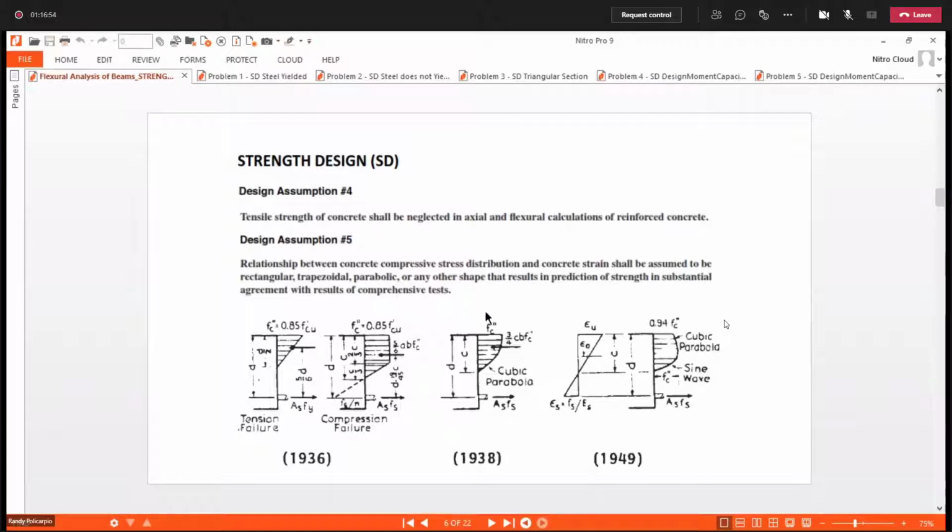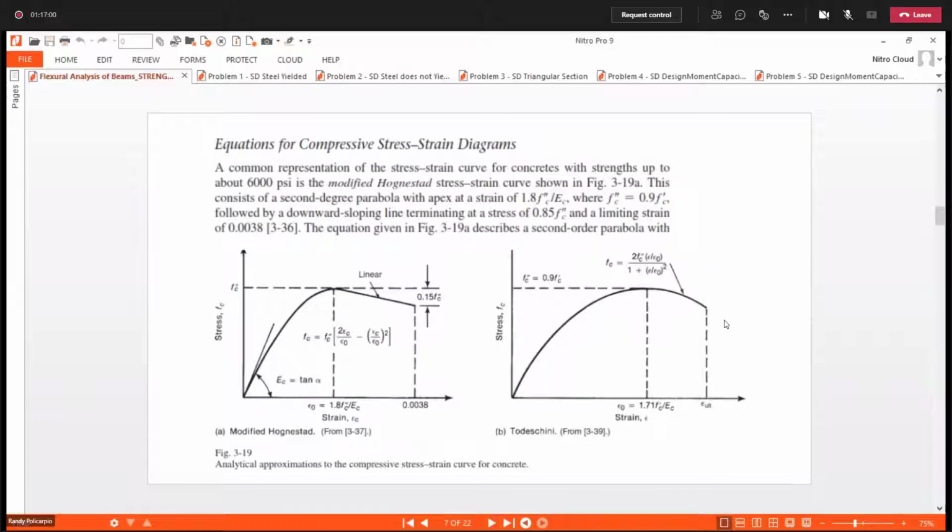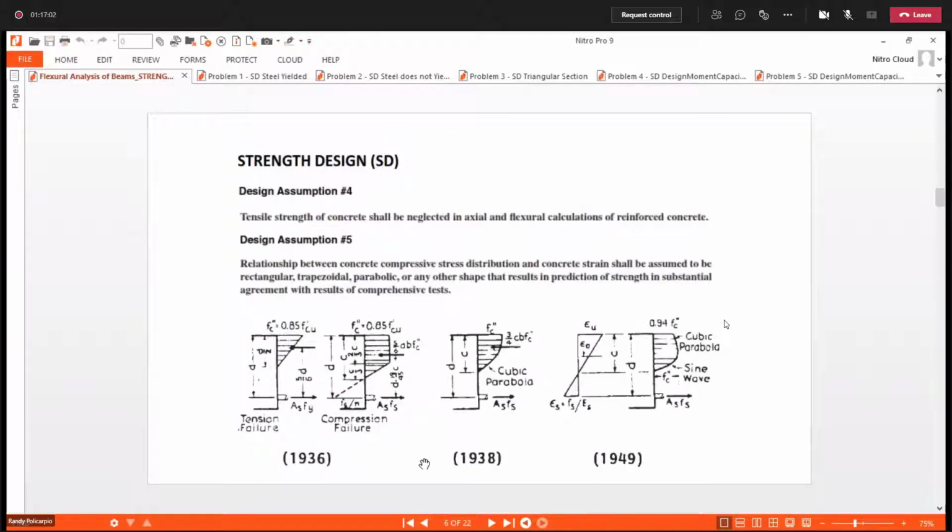So for the determination of the concrete force, or the compressive force. Okay. So sabi dito, relationship between concrete compressive stress distribution and concrete strain shall be assumed to be rectangular, trapezoidal, parabolic, or any other shape that results in prediction of strength in substantial agreement with the result of the comprehensive test.